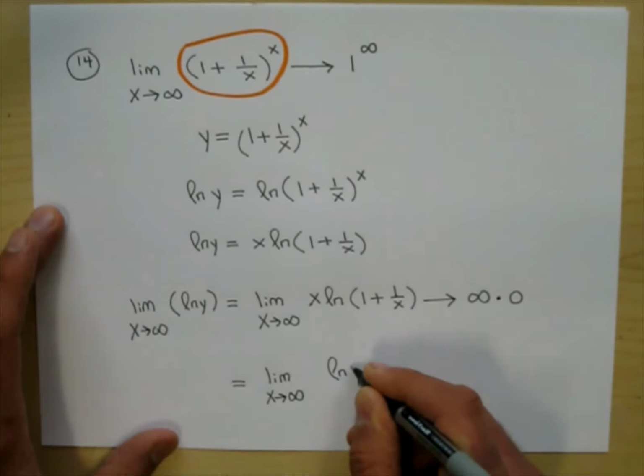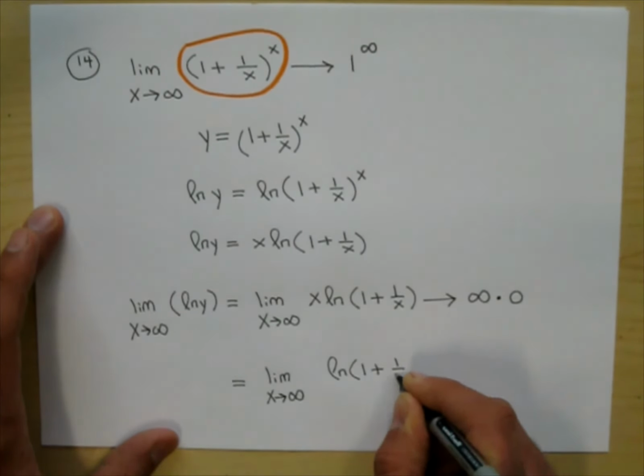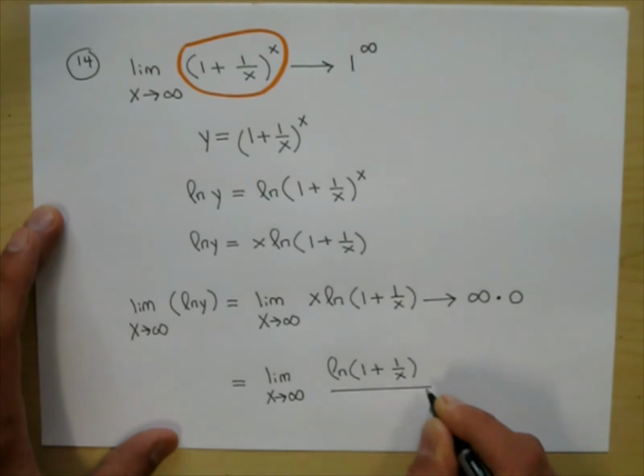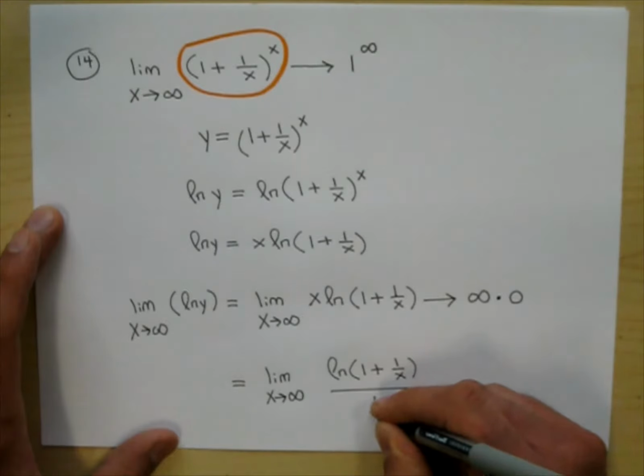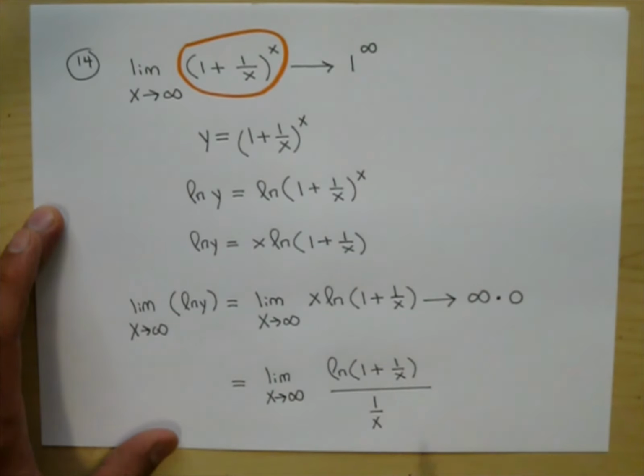So on the top of my fraction is ln of 1 plus 1 over x. And on the bottom, we don't put an x there, but we put a 1 over x. That is actually the same expression. And if you did a copy dot flip, copy the top, which is this thing over 1, dot flip, you would end up getting this.